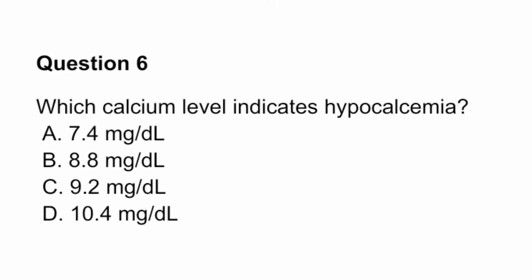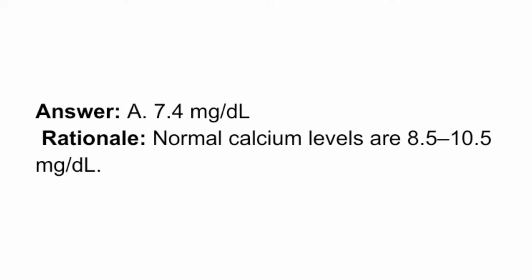D. 10.4 milligrams per deciliter. Answer: A. 7.4 milligrams per deciliter. Rationale: normal calcium levels are 8.5 to 10.5 milligrams per deciliter.